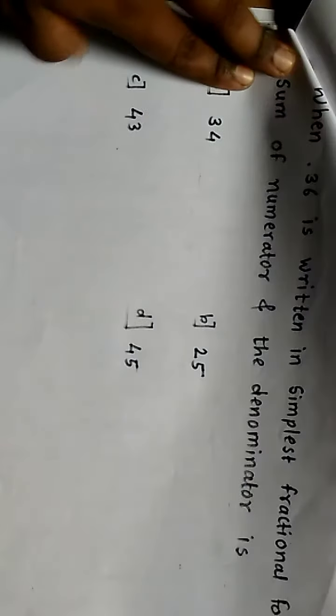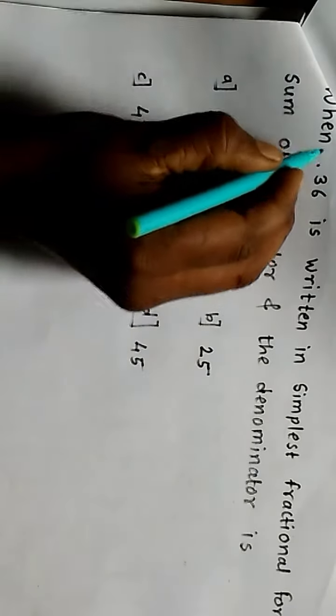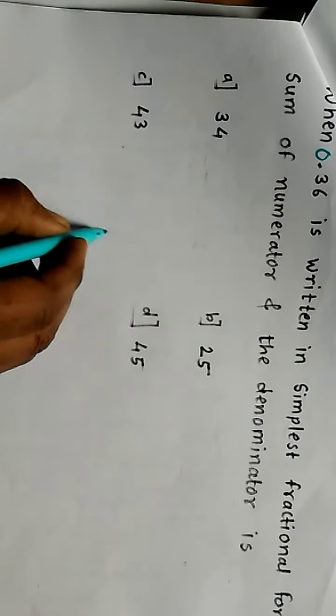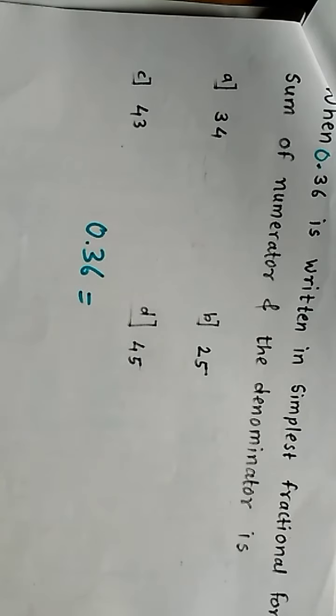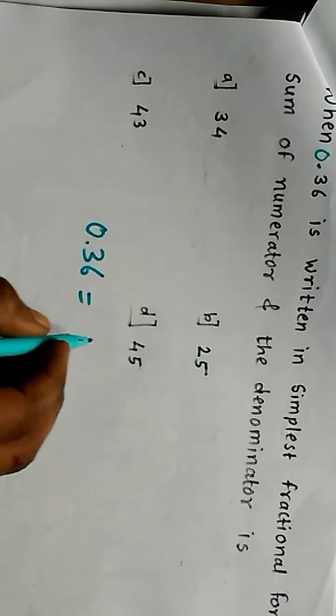Now the second question: when 0.36 is written in the simplest fraction form, the sum of the numerator and the denominator is? We write it as a vulgar fraction.